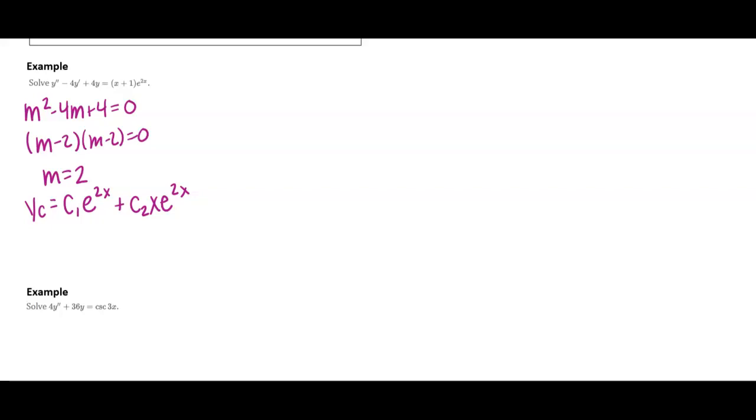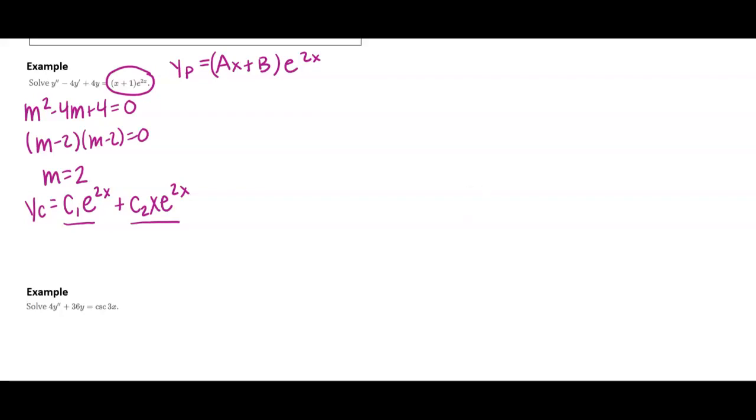Now, if you notice, if I were to try to find this using undetermined coefficients, one thing that I might try to look at is a linear term times e to the 2x, but notice I wouldn't have any linearly independent solutions if I went that route.